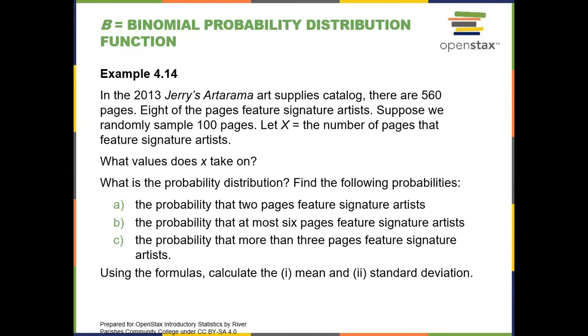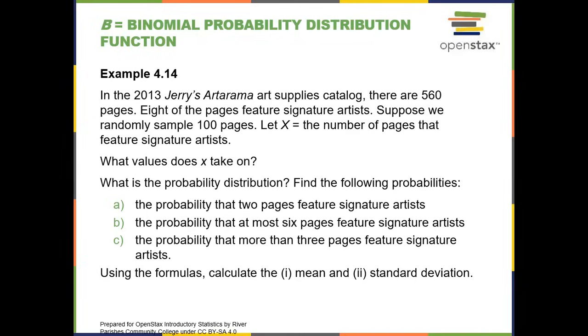Suppose we randomly sample 100 pages, n is equal to 100. Let X be the number of pages that feature a signature artist. What is the probability distribution? It is a binomial, because either it will have a signature artist or no signature artist.